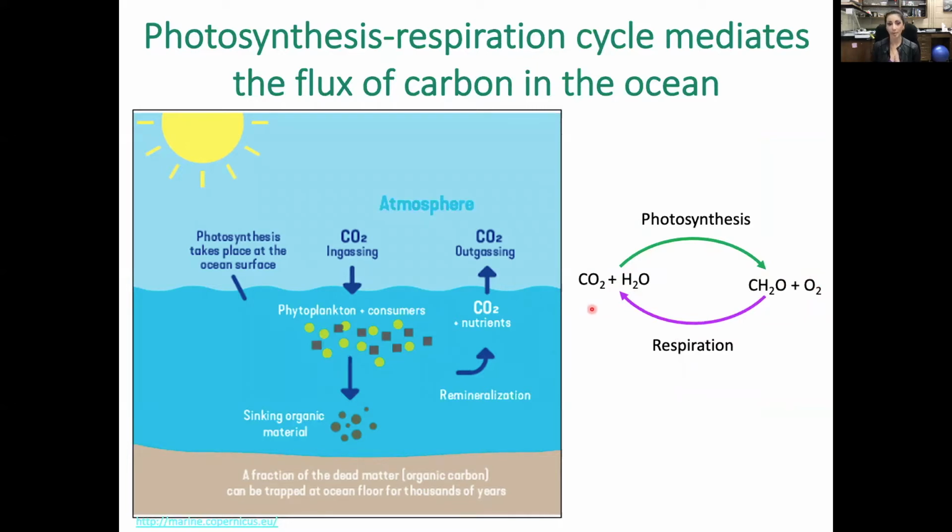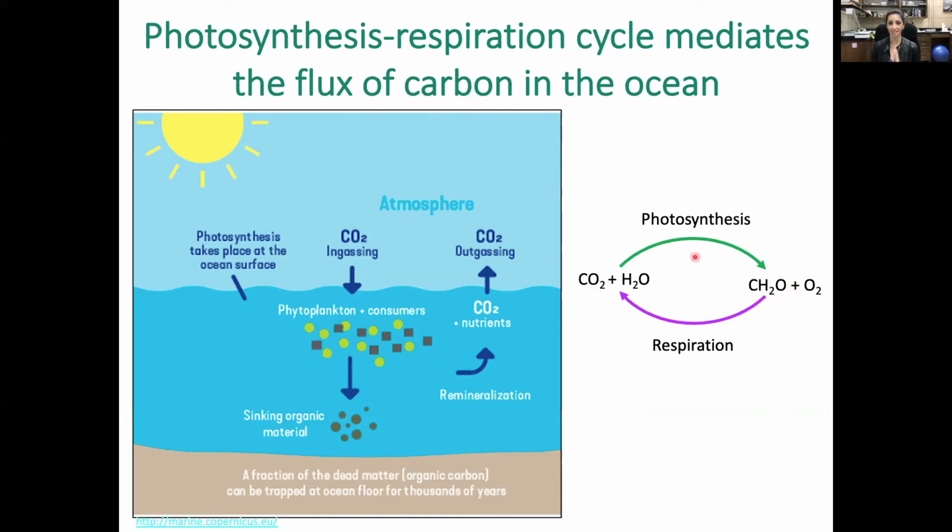So let's take a look at the key interlocking components that characterize the photosynthesis respiration cycle. So we all remember what photosynthesis is. Simply, it is the fixation of inorganic carbon to organic carbon. So photosynthetic organisms like phytoplankton in our open oceans, they take carbon dioxide from the atmosphere, pair it with water, and fix it into CH2O, or a simple sugar, plus oxygen.